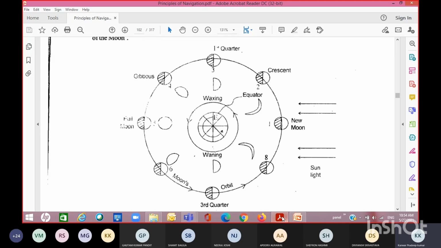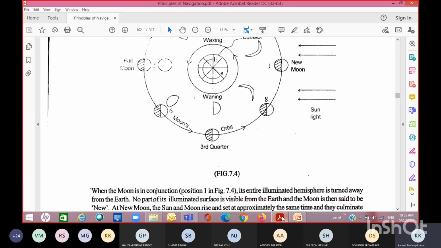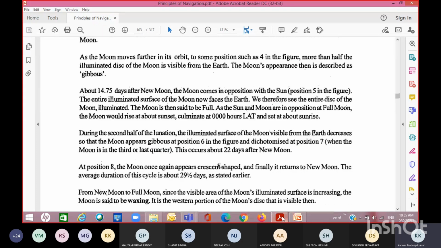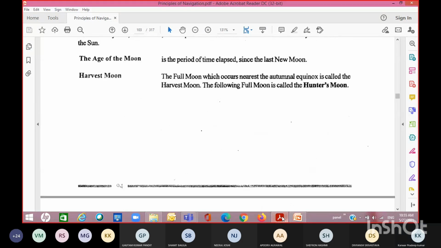So we'll move on. This is quite an easy and simple topic: waxing and waning of the moon, different phases of the moon. The phase is also shown in the almanac. So read this topic. It depends on the age of the moon, the time period elapsed since the new moon. I will just take you down to the almanac.